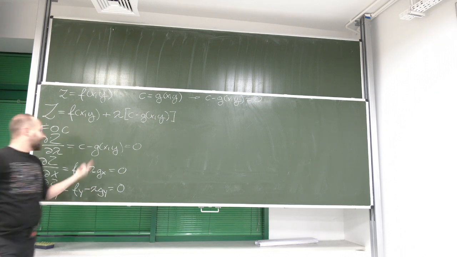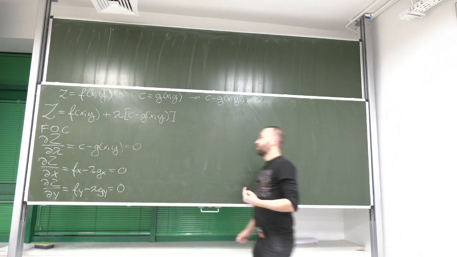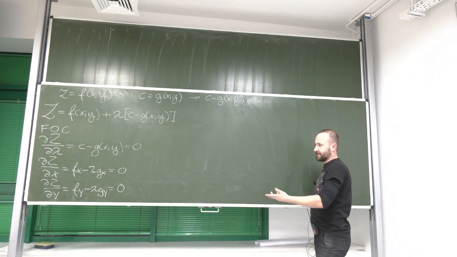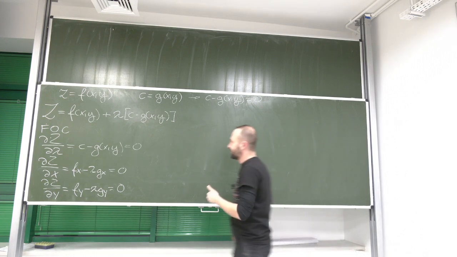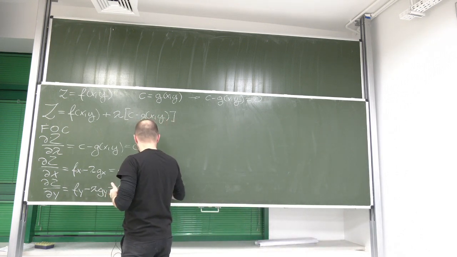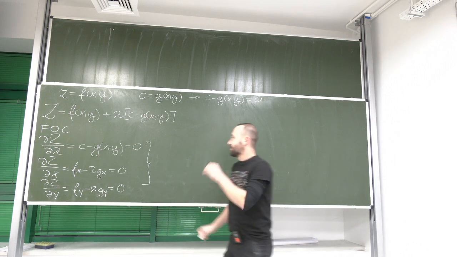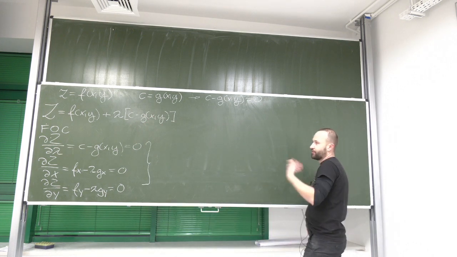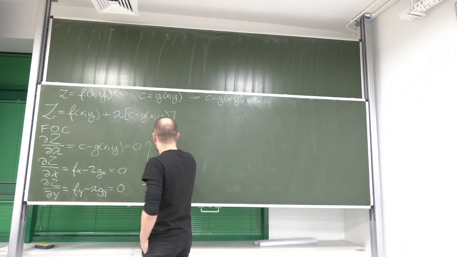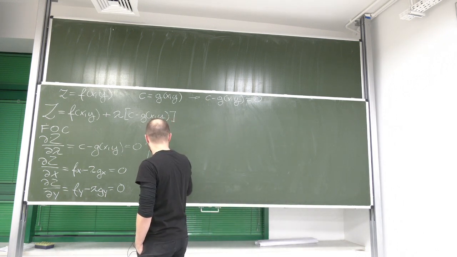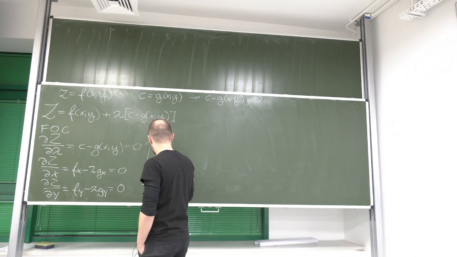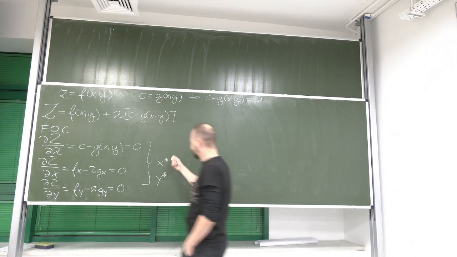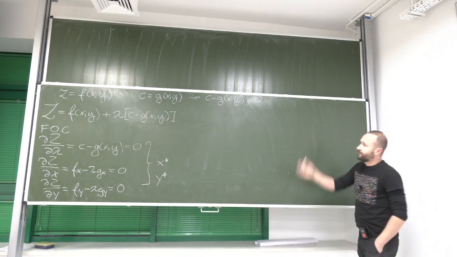And look, if we solve these three equations, assuming that we know the specific forms of the functions, we should get three variables. This is a system of three simultaneous equations, so we must come with three variables. Of course, we're gonna get x, right, and y, because those are the variables that are variables of interest.